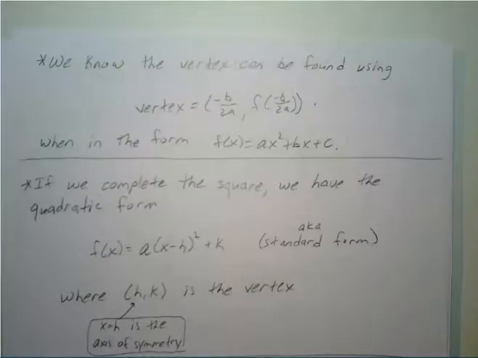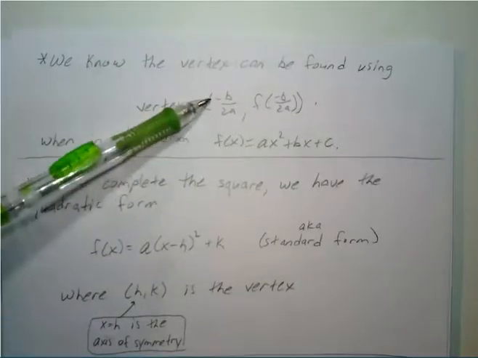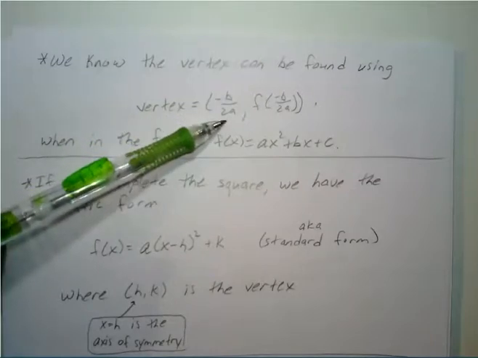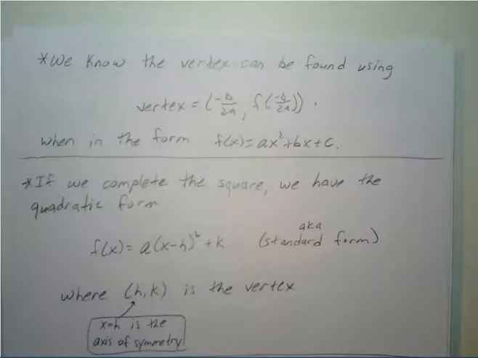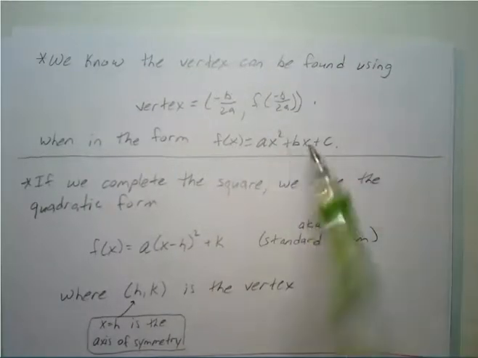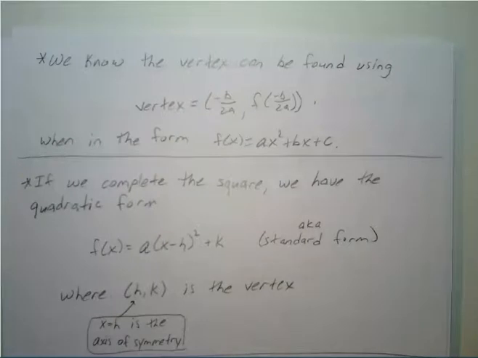Okay. So one thing we know, which you just saw, is that we can find the vertex using negative b divided by 2a to find our x value, then plugging that x value into our function to find our y value when it's in this form. That's the standard form.